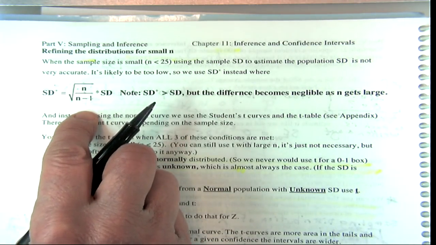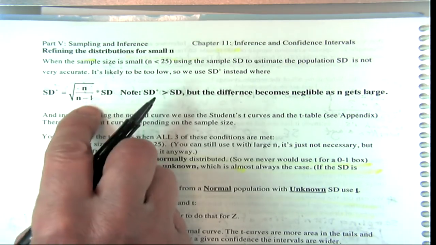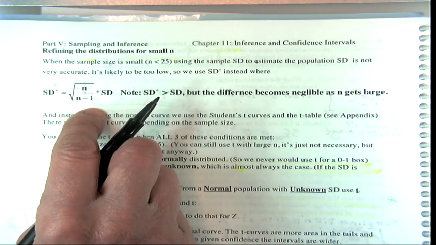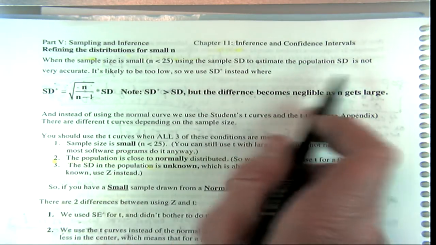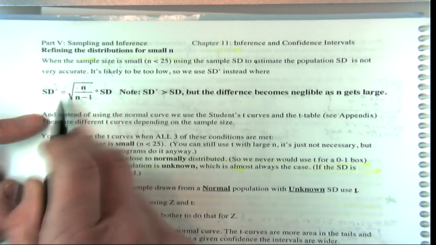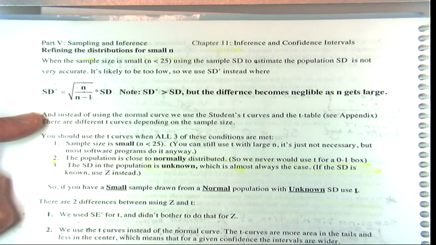You could do it with percents, too, that n-1, but nobody ever bothers to do it there. Okay, so when the sample size is small, we're going to make this adjustment. Just so I can introduce it, it's a lot of tedious calculations, and I'm afraid you're going to lose the main point.